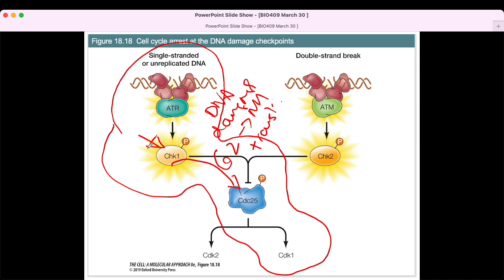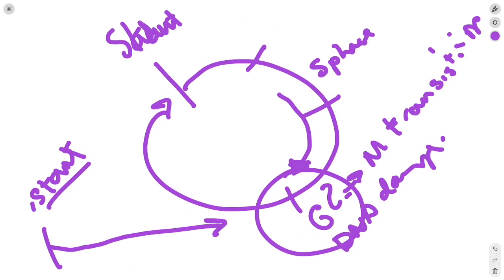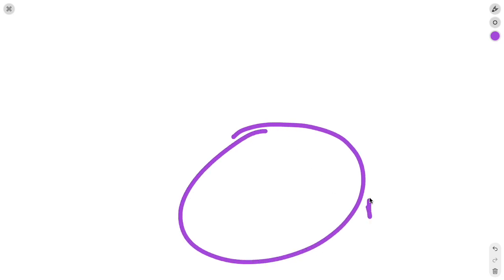Speaking of FOXO, we can do this too. So we saw from the start of our course, there's this transcription factor called FOXO. And here's that old FOXO, and here's the nucleus.